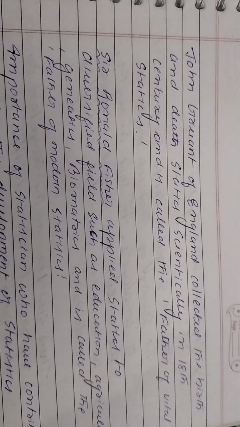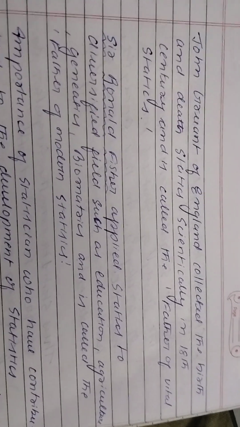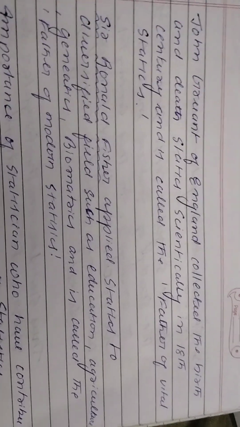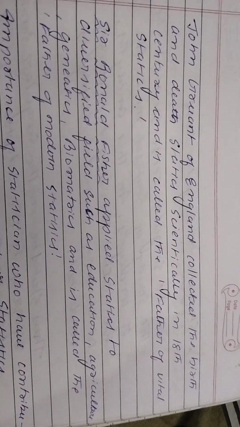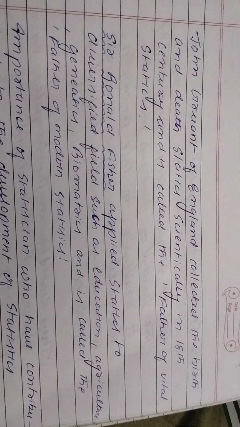Then the second is Sir Ronald Fisher, who applied statistics to diverse fields such as education, agriculture, genetics, and biometrics, and is called the father of modern statistics. So he applied statistics in education, agriculture, genetics, biometrics.